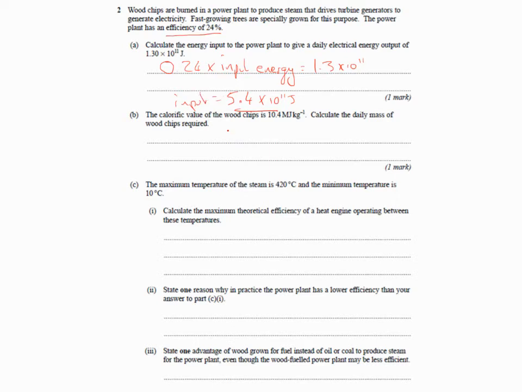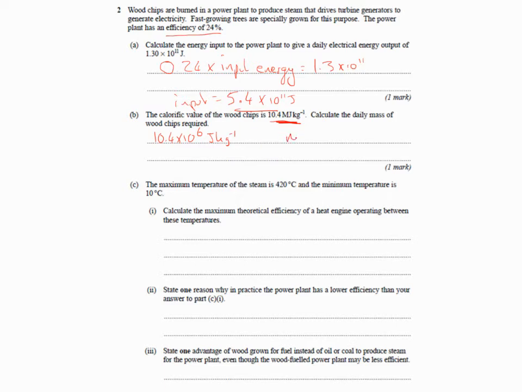Part B. Calculate the daily mass of wood chips required if the calorific value of the wood chips is 10.4 megajoules per kilogram. So the calorific value is 10.4 times 10 to the 6 joules per kilogram. And we know that the input is 5.4 times 10 to the 11.